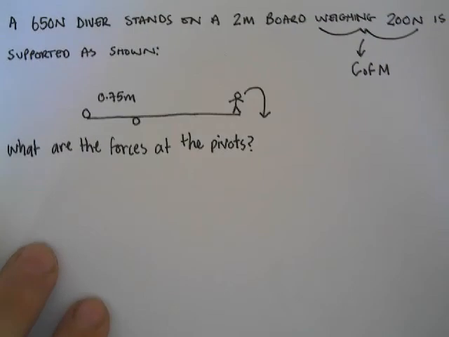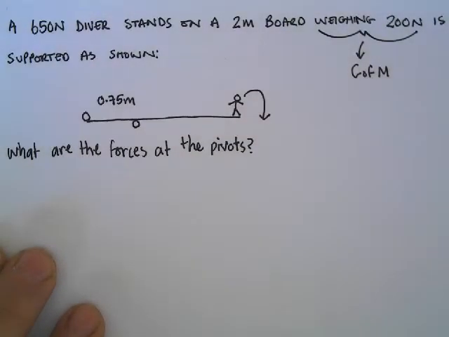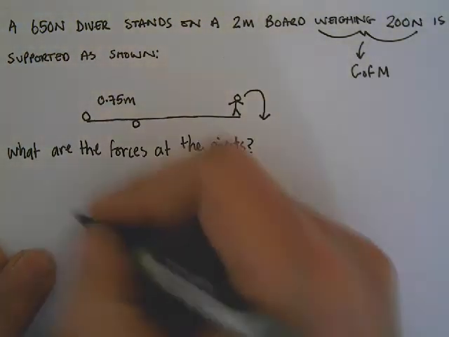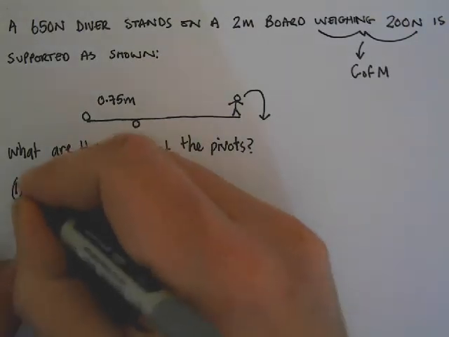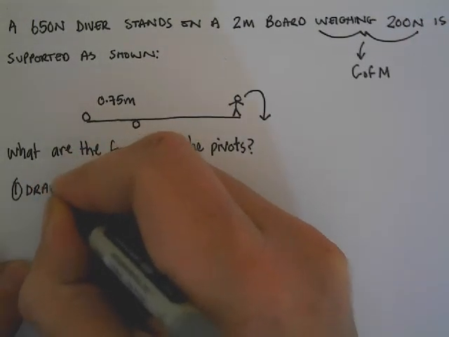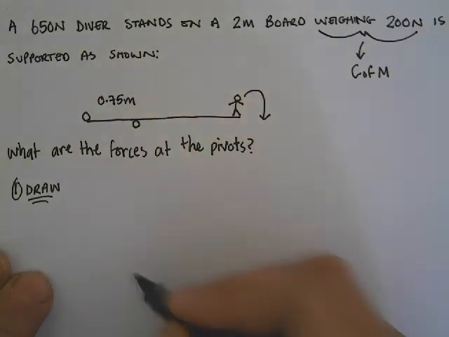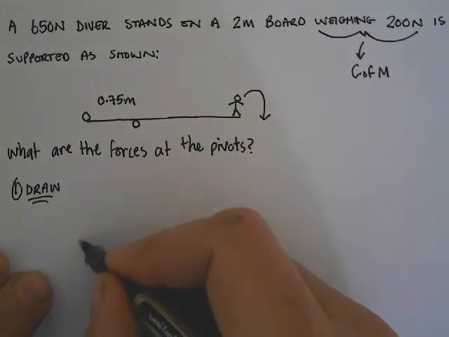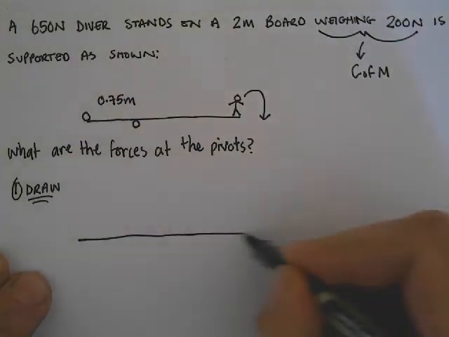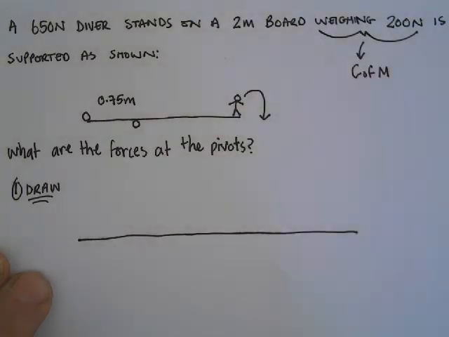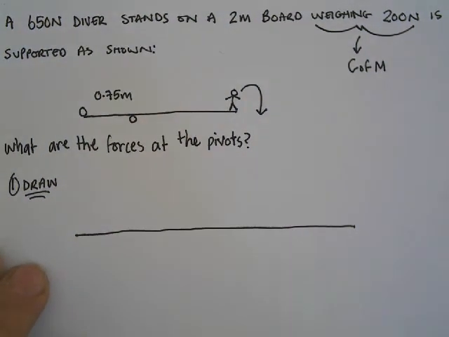Okay, so I'm going to follow my own advice and I'm going to start by redrawing this as a diagram showing all of the forces. So step number one, I'm going to draw it. It's basically the same picture, but for convenience, I'm going to make it a bit longer so I've got a bit more space.